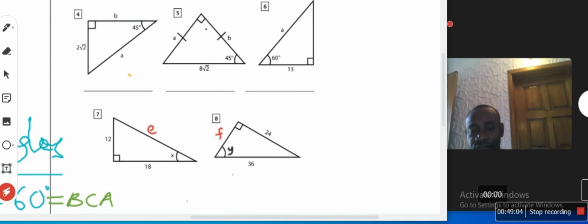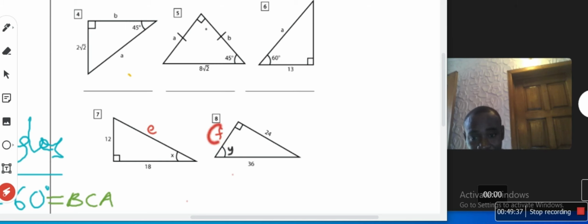How about how do we find f? 36 is the hypotenuse here, and 24 is opposite, depending on this angle. So how do we find f? You can use cos? The angle is not given, so until we find the angle, we cannot use cos.